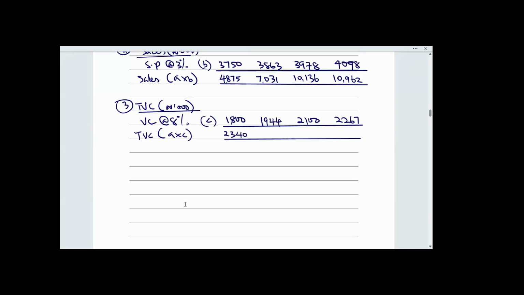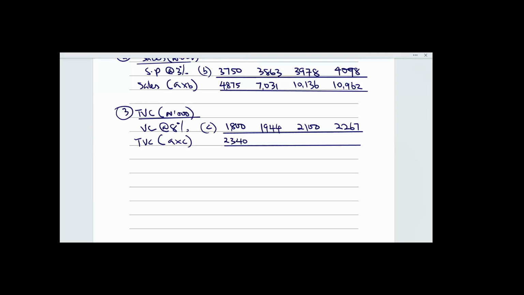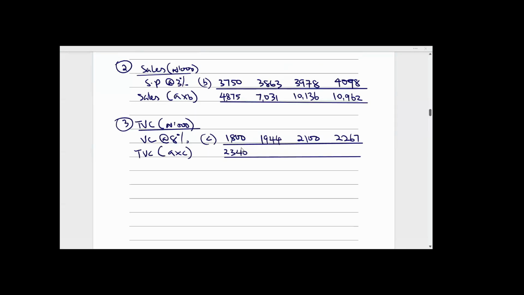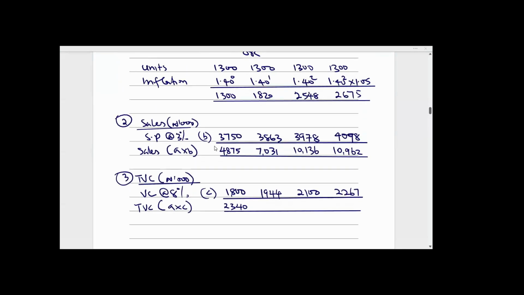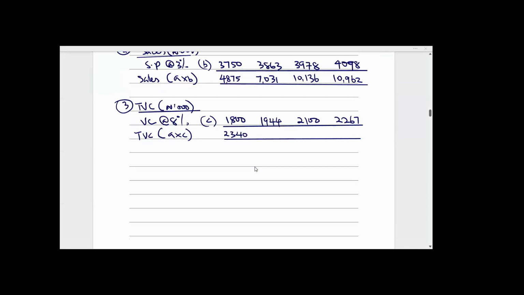Then for year 2, 1,820 multiplied by 1,944 is 3,538. Is it 3,538 or 3,548? Let me check. Okay, 38. Yeah.